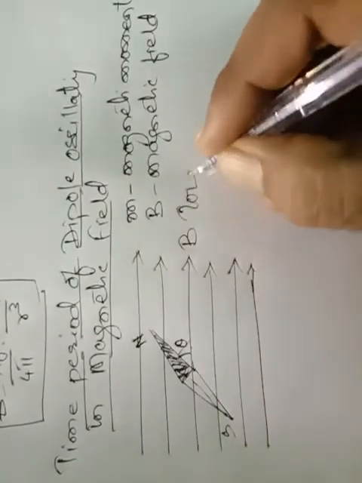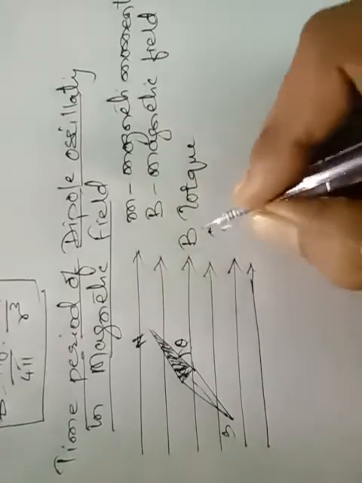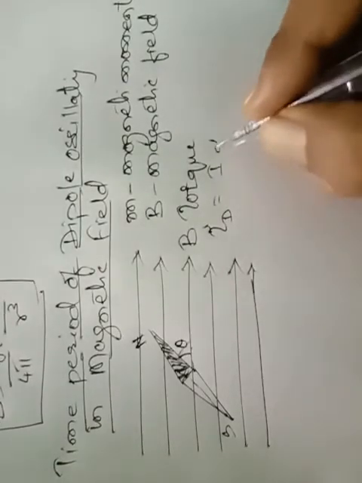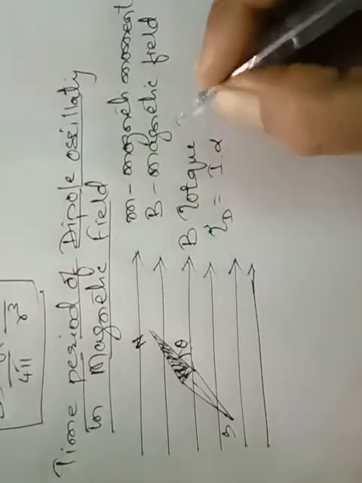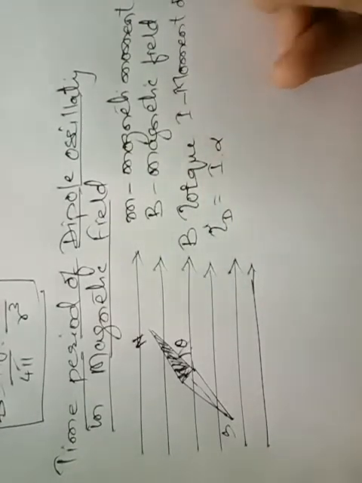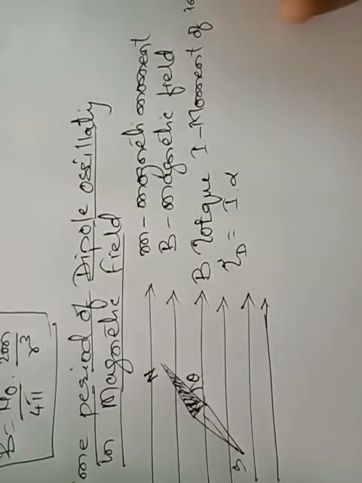So we'll say that because of the torque, the magnetic needle will oscillate, and this deflecting torque is given by I into alpha. What is this I? I is the moment of inertia of the magnet.